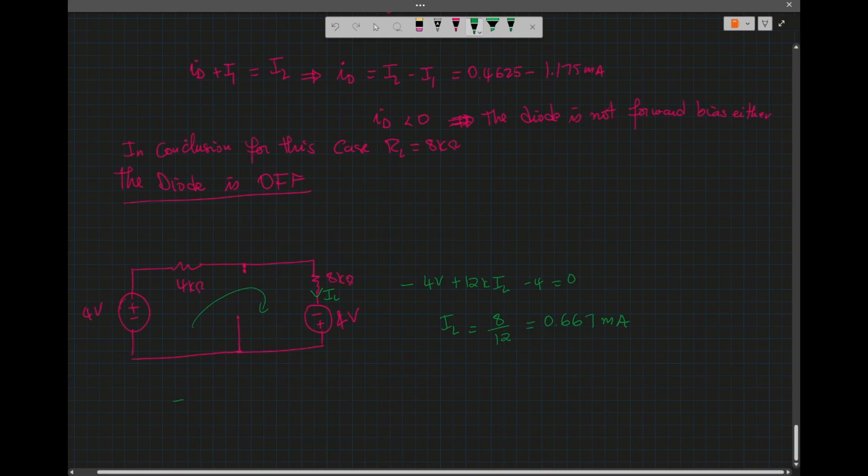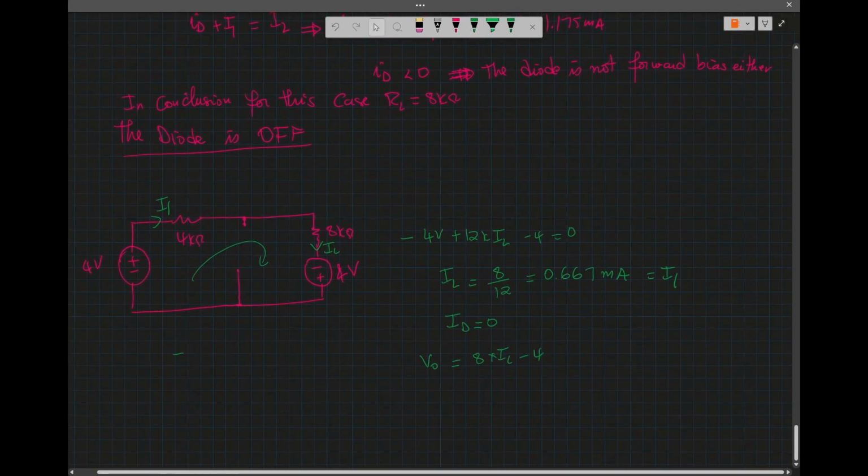Which is equal to I1. So the diode current is 0, and the output voltage V0 is 8 times IL minus 4. So that means it's 64 divided by 12 minus 4.